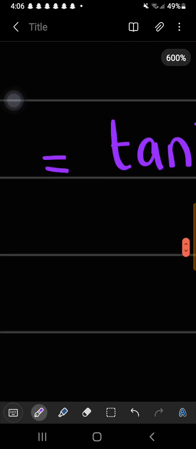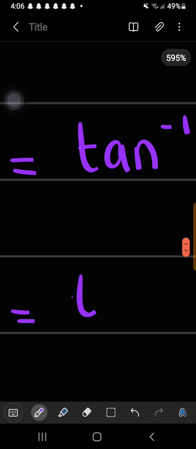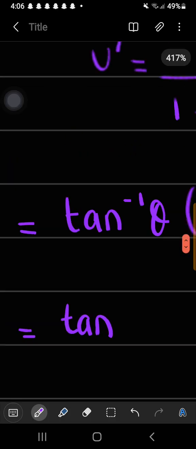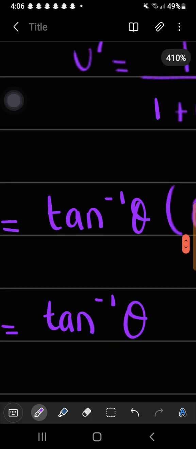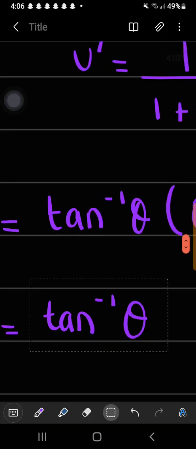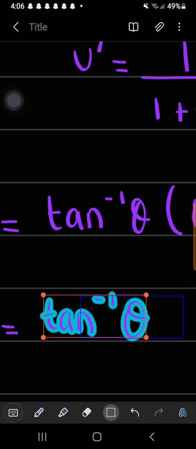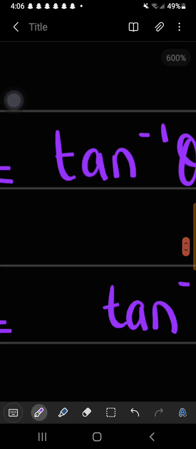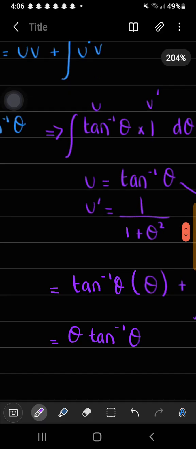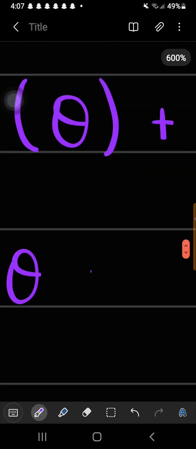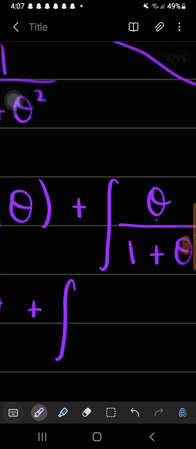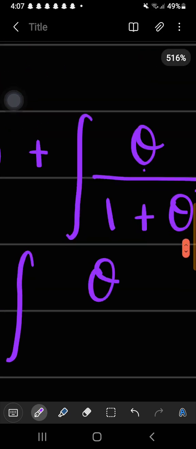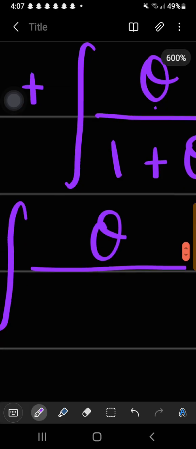So it becomes theta tan inverse theta plus integral theta upon 1 plus theta square.